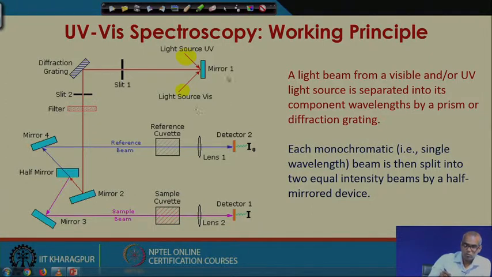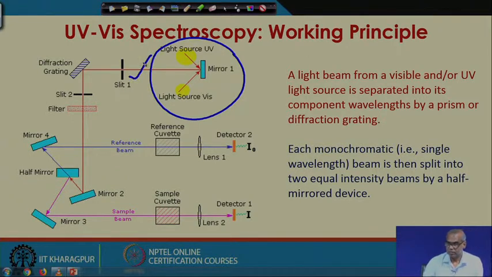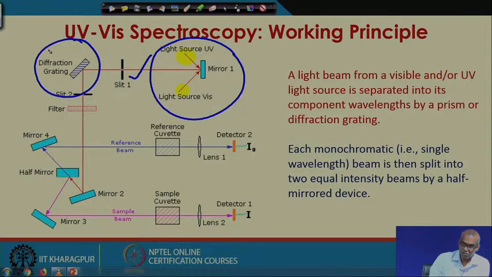So, you have the light source and the beam of light is separated into its component wavelengths by a prism or diffraction grating. So, this diffraction grating separates this beam of light into its component wavelengths.